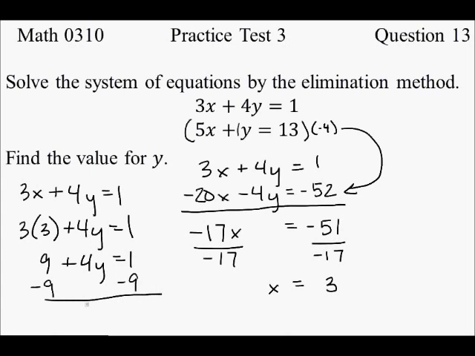So here we get 4y equals negative 8. And then if we divide both sides by 4, we're going to get y. Negative 8 divided by 4, opposite signs would give us a negative, and 8 divided by 4 is 2. And so it says find the value for y. Y is negative 2, and so that would mean that our answer choice for this one is C.